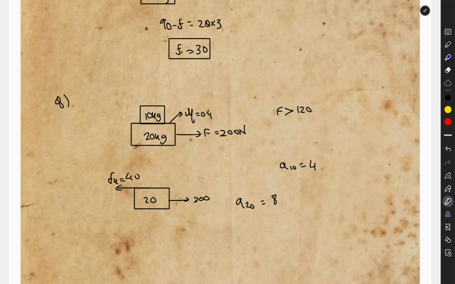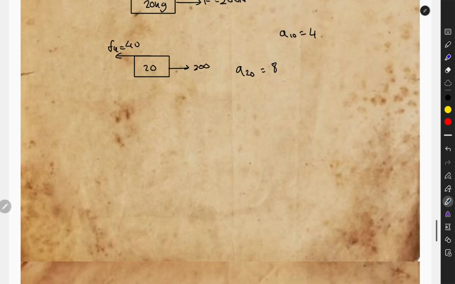The maximum acceleration this block can possess, we have seen earlier, is 4 meter per second square. But for the second block, since 200 newtons is applied in this direction and 40 newtons is applied in this direction, the net force will be divided by the mass, and we will get 8. So with that, we will be completing this friction part.